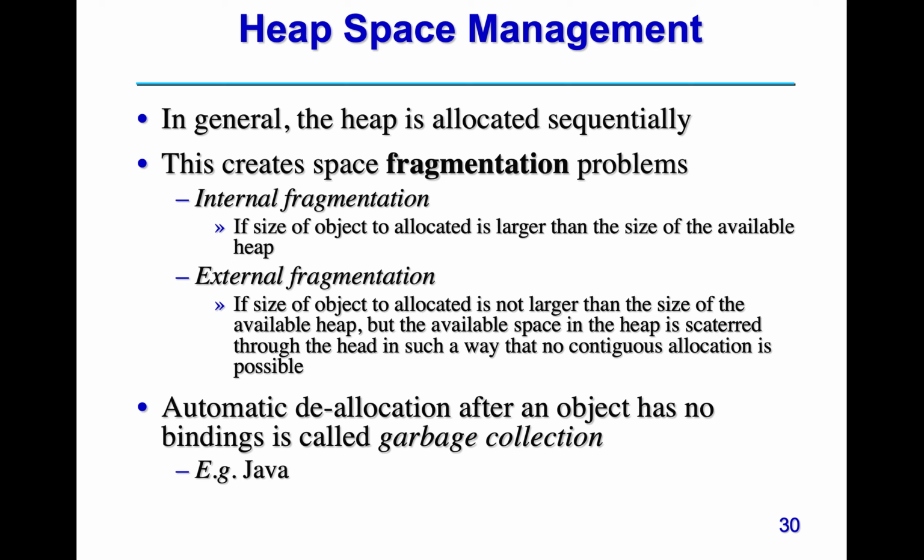So you have internal fragmentation, which means the size of the object that needs to be allocated is larger than the size of the available heap, and you don't have enough memory. Or external fragmentation is that the size of the object to be allocated is not larger than the size of the available heap, but the available space in the heap is scattered all over the place, and you can't put the chunks together to actually allocate it.